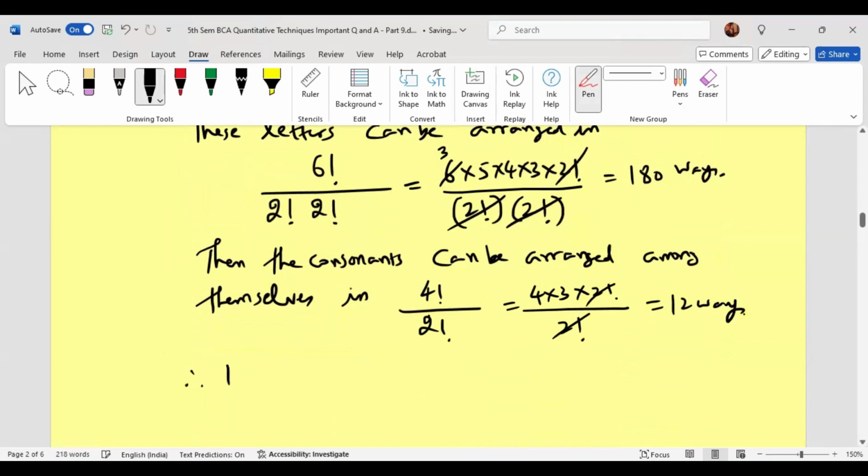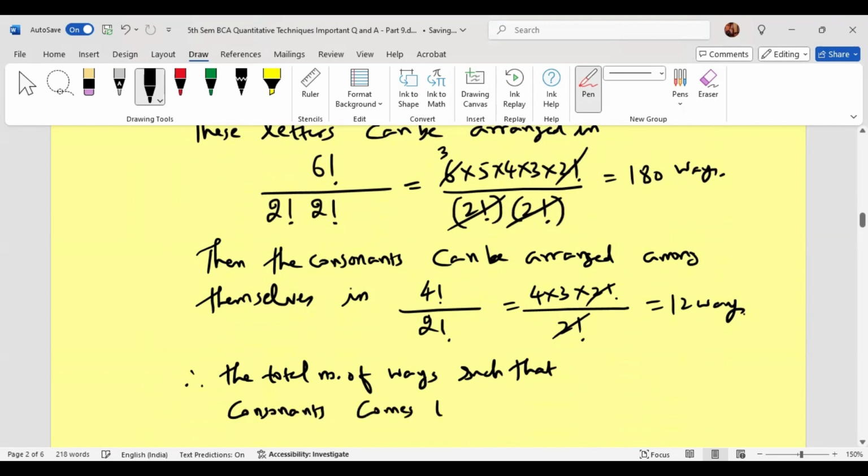Therefore, the total number of ways such that consonants come together will be 180 multiplied by 12.